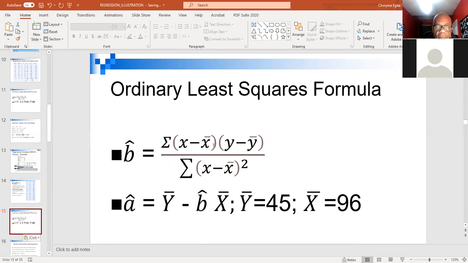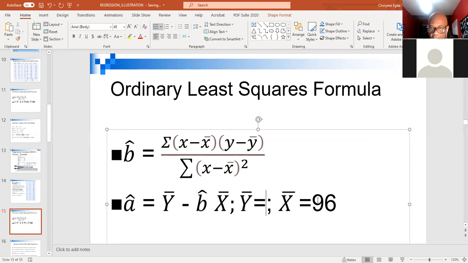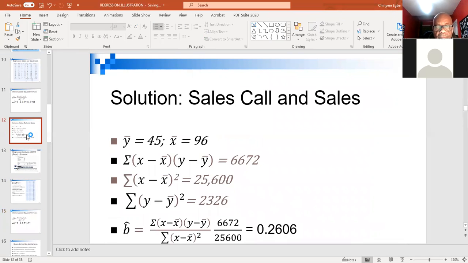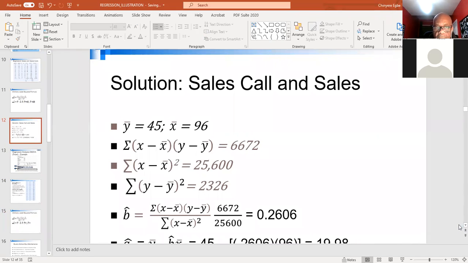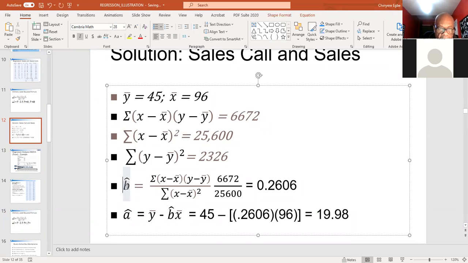I'm going to take away this Y bar because it's a different Y bar now, and we're going to take away this X bar because it's going to be a different one. And then we're also going to take different formulas. We're going to take the formula for B hat.